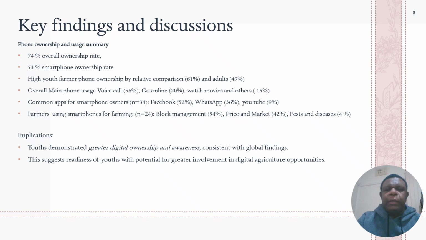Overall, main phone use is voice calls at 56%. Facebook leads the common apps with 52%, and for farmers who use smartphones for farming, block management is at 54%. The implications are that youths continue to demonstrate greater digital ownership and awareness, which is consistent with global findings. This suggests a readiness of youths with potential for greater involvement in digital agricultural opportunities.